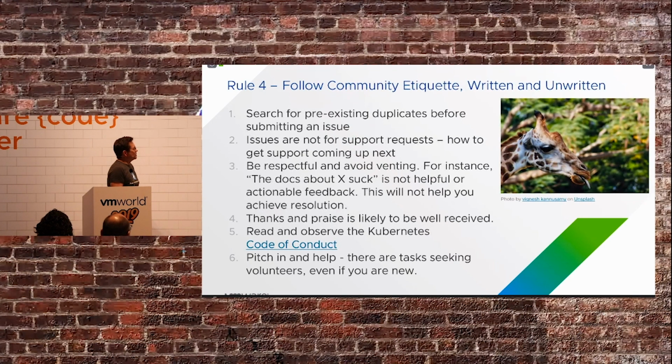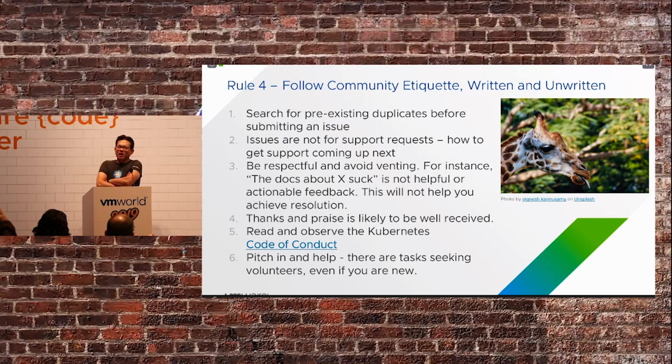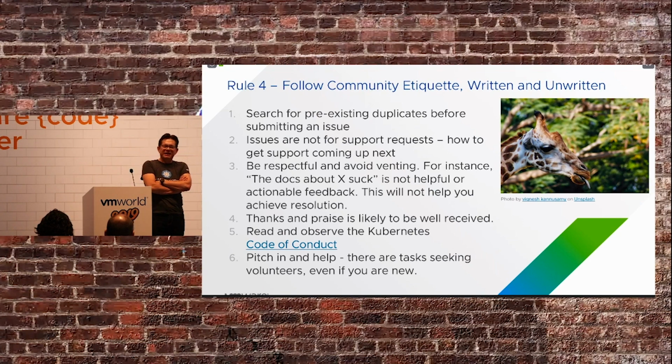Rule 4, there's a lot of community etiquette here, written and unwritten. If you look at the community part of the GitHub repository, they will give you written standards, but just to be polite, before you submit issues, you should search and make sure that somebody else didn't actually find something identical or very similar to the issue you found.